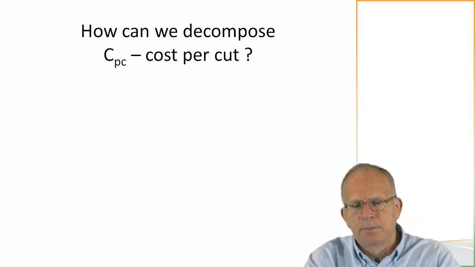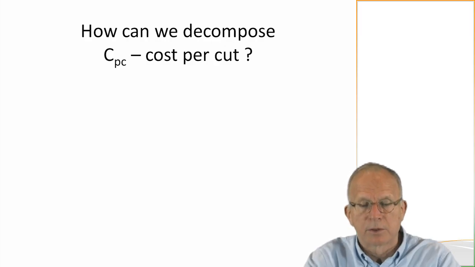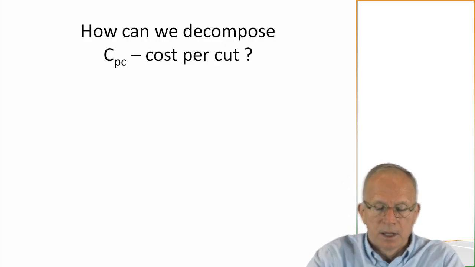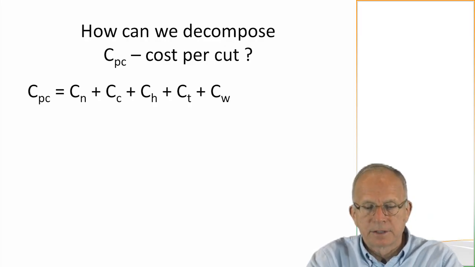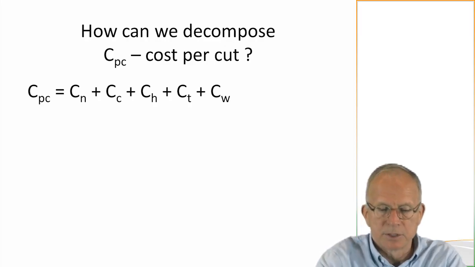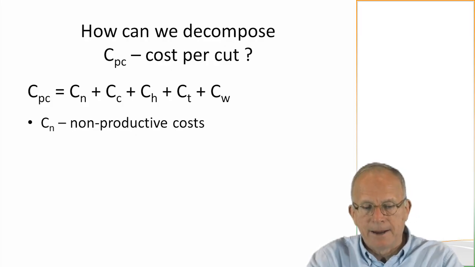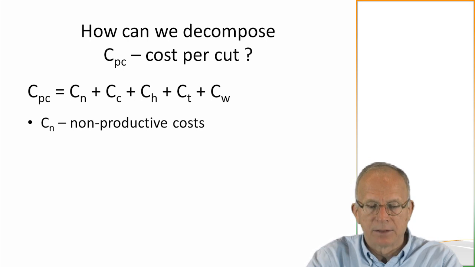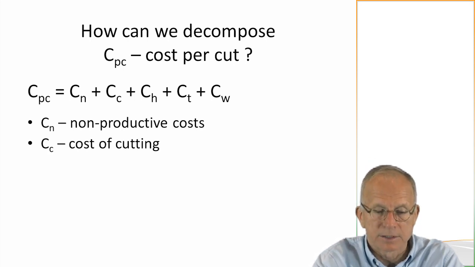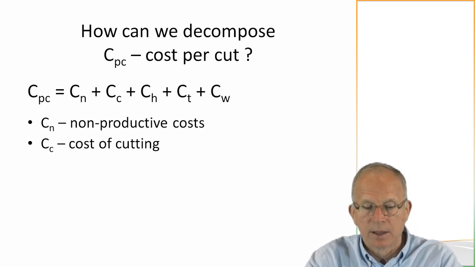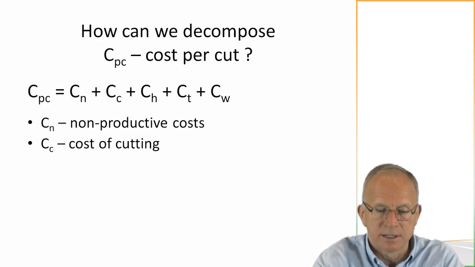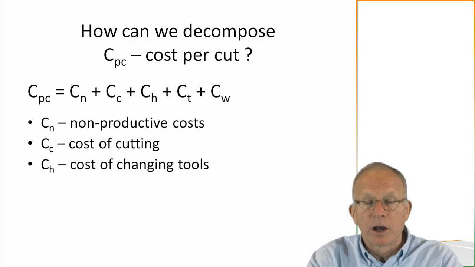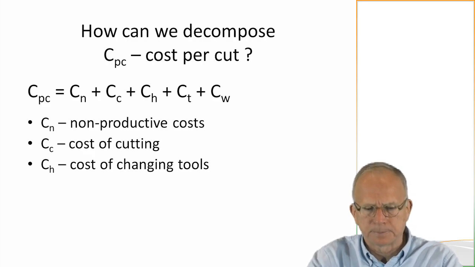All right. So how do we decompose cost per cut? We're going to go through another decomposition so that we can solve the problem. Here is one decomposition. The cost per cut is divided into 5 different components. CN, the first one, is non-productive costs. Those are things that don't do anything. The cost of cutting, CC, is the part that's providing the value. Then we have the cost of changing tools.